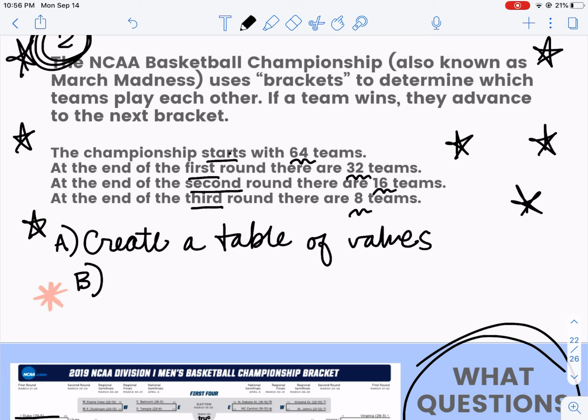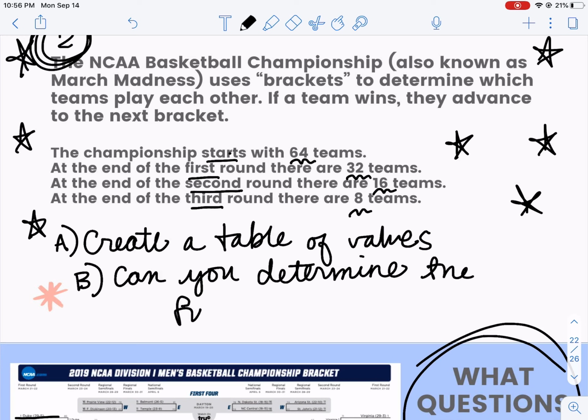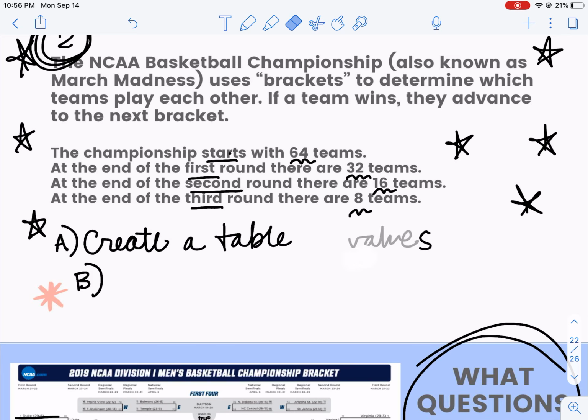And then the next thing I want you to do is see, can you determine the function? Well, actually, that's a yes or no question. Some of you are going to be like, yes, I can. And some of you are going to be like, no, I cannot. I don't want you to do that. I would just want you to determine the function. Let's start that over again.